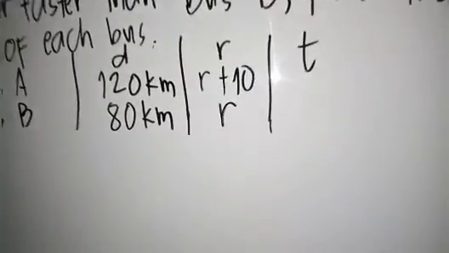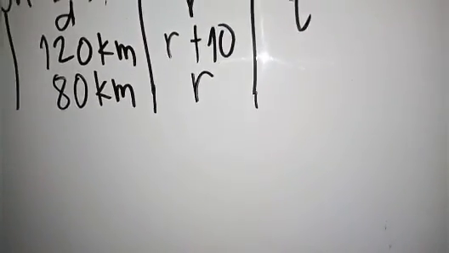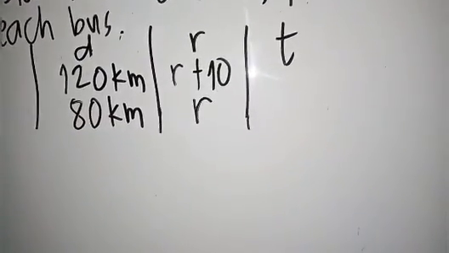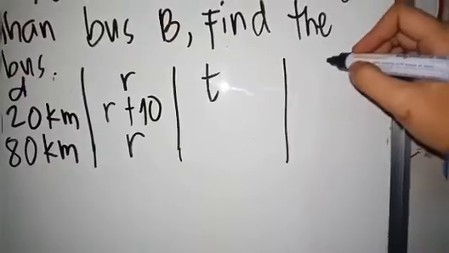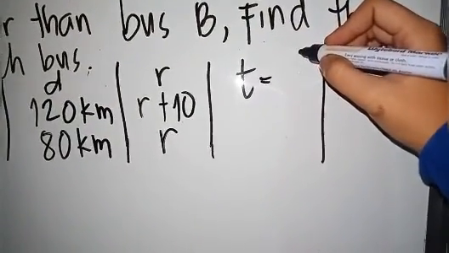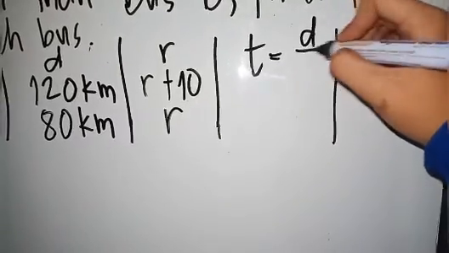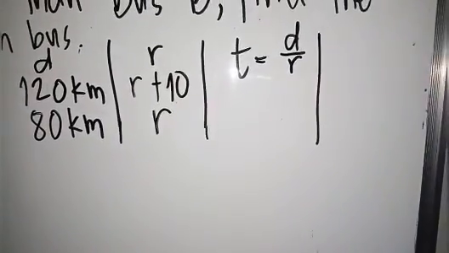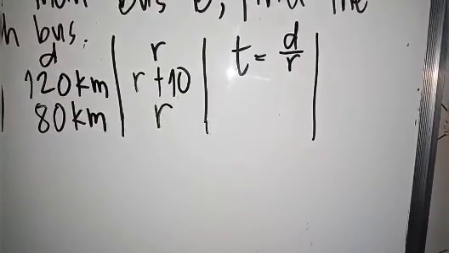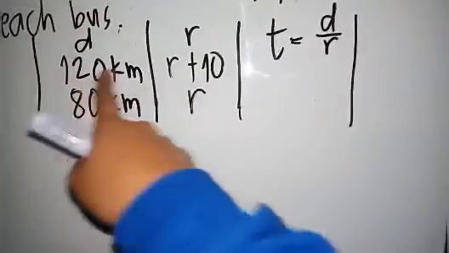Next, paano naman natin makukuha ngayon yung time? So, yung formula natin for time ay we have T is equal to D all over by R, or distance all over by rate. Okay, so ilagay na lang natin ito.